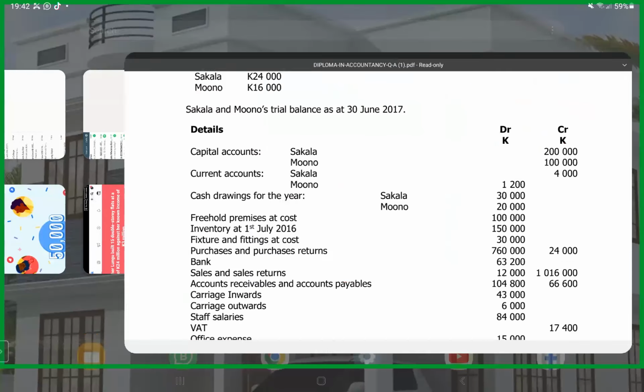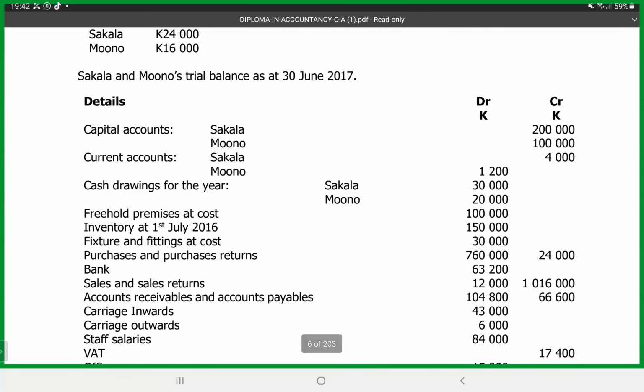for who is this one? For Sakala. It is 200,000 times 5%, which is 10,000.